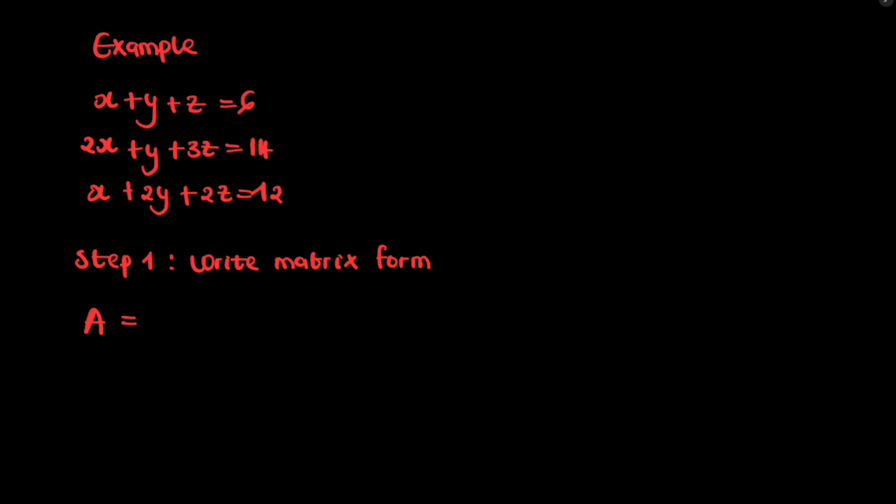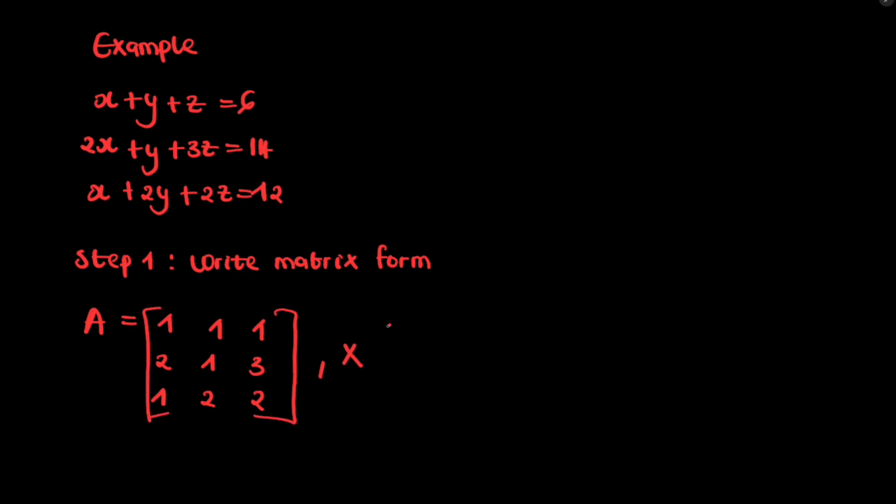From the first equation, x is 1, y is 1, z is 1. We go to the second. X is 2, y is 1, z is 3. We go to the third. X is 1, y is 2, z is 2. This is our first matrix.